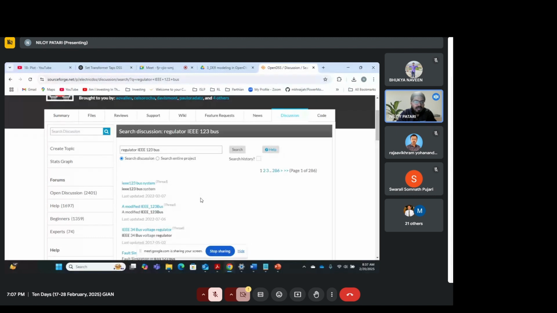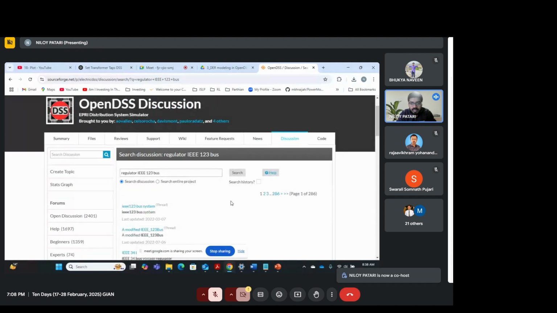You can go through these threads, or you can have an account here in SourceForge and ask the coders or developers of OpenDSS, and they can answer you within some time.